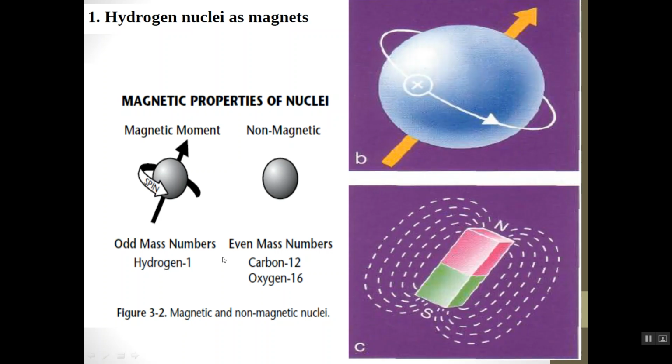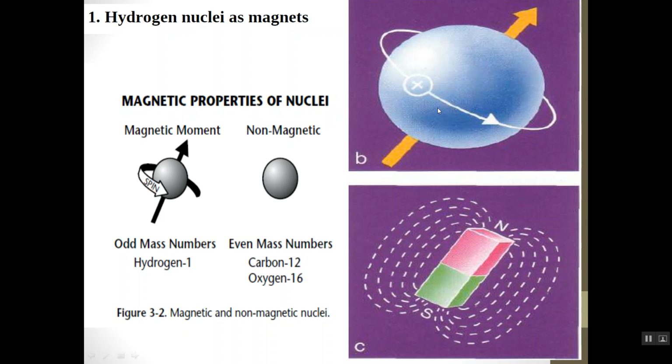Here is the proton which is inside the hydrogen atom, like this pole. This proton has a positive charge and spins around itself, as you see. So this electric charge is moving in a path, inducing a magnetic field.